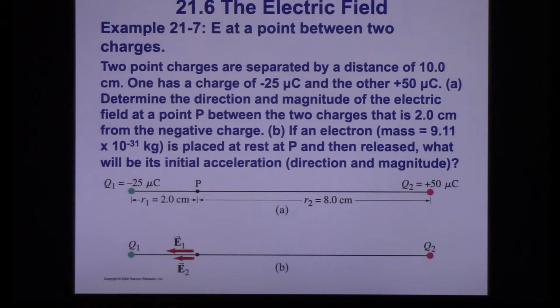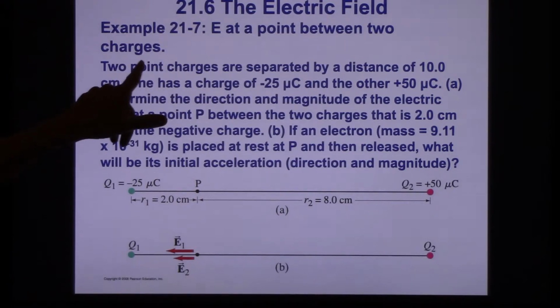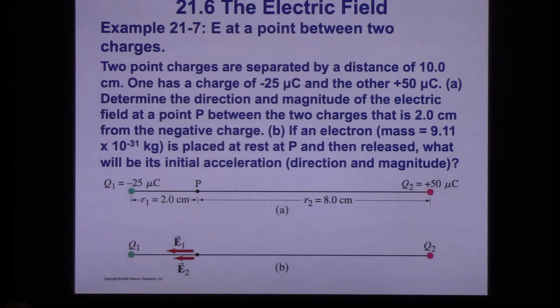All right, now that we've looked at electric fields due to individual point charges, we are ready to move on, which always happens, right? Now we're ready to take 2 charges and look at the combined electric field effect from 2 separate charges.